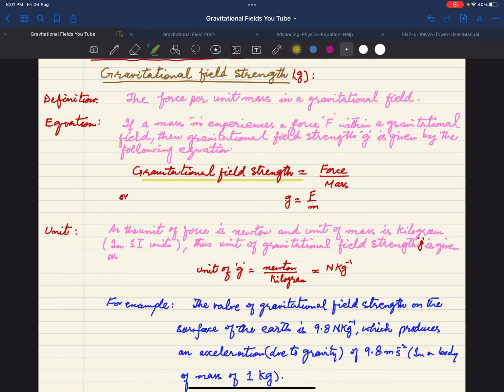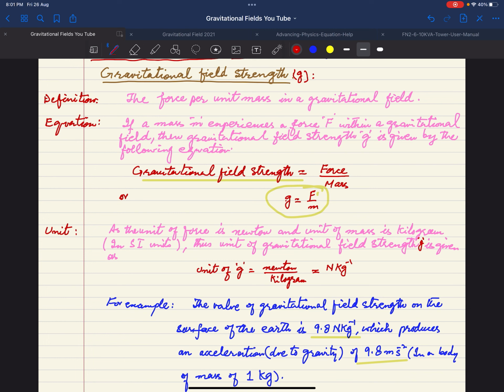If this force is 9.8 Newton per kg, then the acceleration this force will produce will be 9.8 meter per second square. So remember this formula: G, mass, force, acceleration.